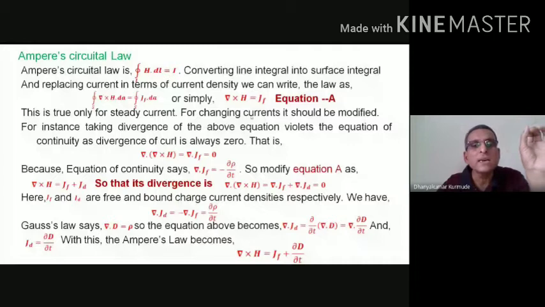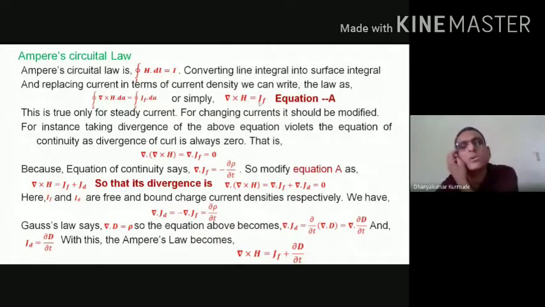We write del dot del cross H, the divergence of curl H. But equation A says del cross H is equal to J_f. So the divergence of del cross H is equal to the divergence of J, and according to the vector identity, this has to be zero. Now, the equation of continuity says that this cannot be zero, because this is in contradiction with the equation of continuity.